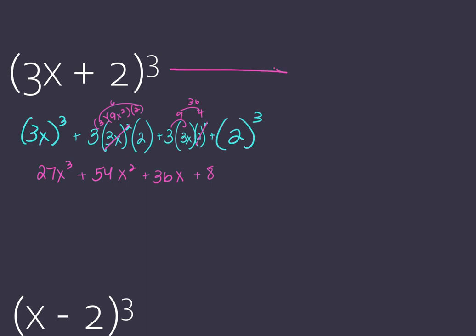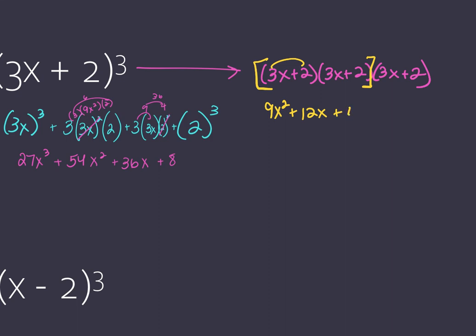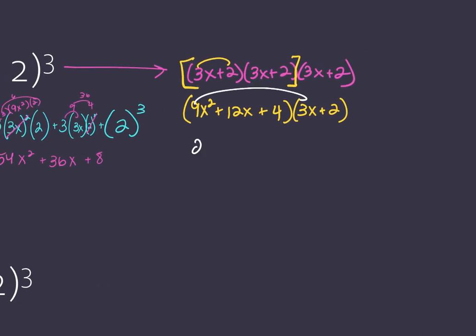Now let's say that completely confuses you, or you forget the shortcut. You're doing 3x plus 2 times 3x plus 2 times 3x plus 2. So you can actually use the special product on the squared one with the first two. 9x squared plus double the product, so 12x plus the last one squared. And then I would distribute that to 3x plus 2. So I'd get 27x to the third.